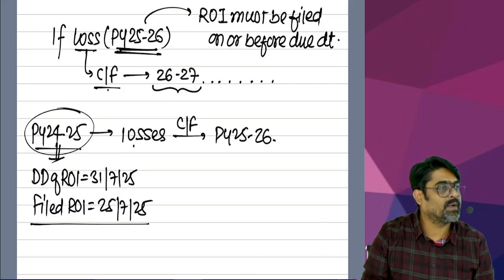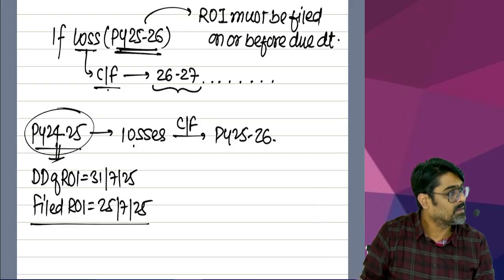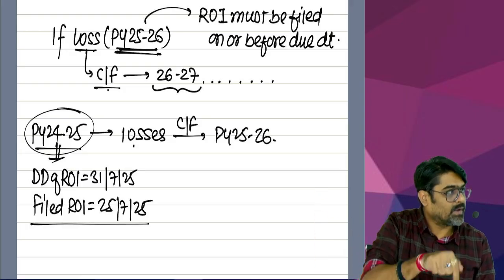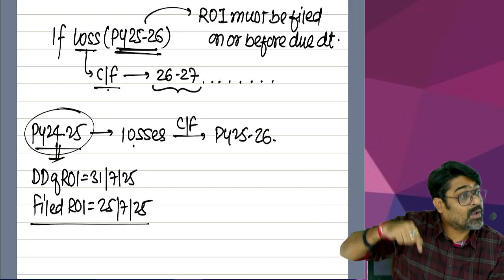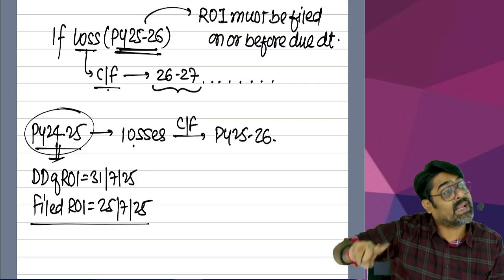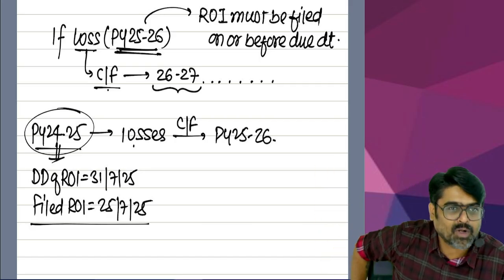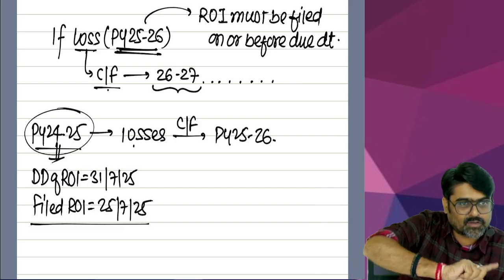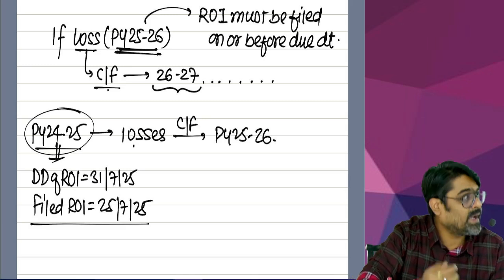And if they cannot be adjusted in 25-26, they will move on to the next year. But sir, 25-26 return is not filed on or before the due date. Then losses of 25-26 cannot be carried forward to the subsequent year. That does not mean the earlier losses carried forward will not be set off. It will still be set off.